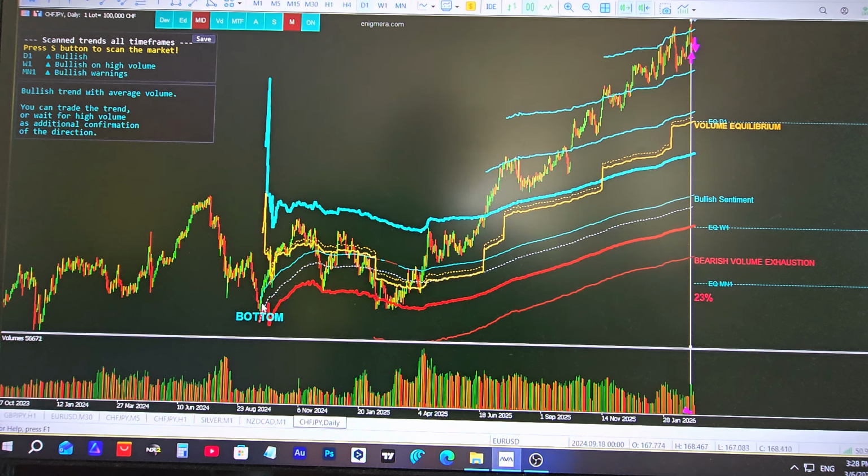Bottom is here. The market went up. I will show you how to consider the market. What you see here, this is the bottom. After that, the trend began and the market traded over the equilibrium line, showing that it is possible to trade on the bullish side. Here, this is the preliminary initial signal of the trend.